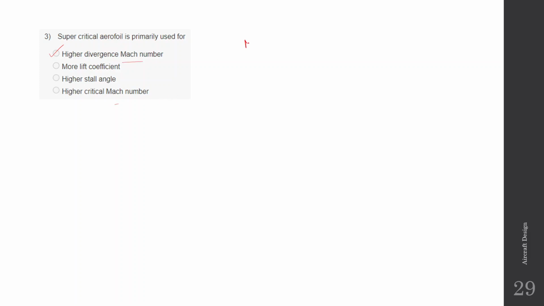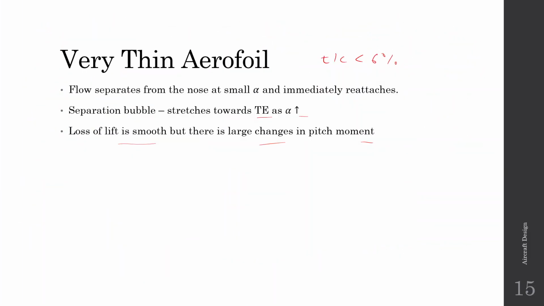So one thing you must keep in mind is that MDD is usually greater than MCR. MCR is the lowest Mach number where supersonic flow is encountered. But when we are talking about supercritical aerofoil, we assume that there is some supersonic flow, like I will show in the diagram.